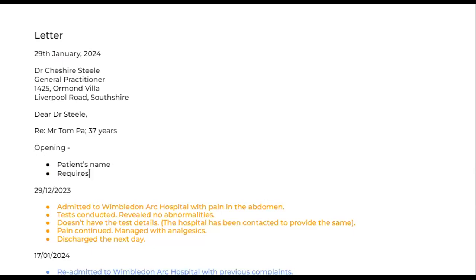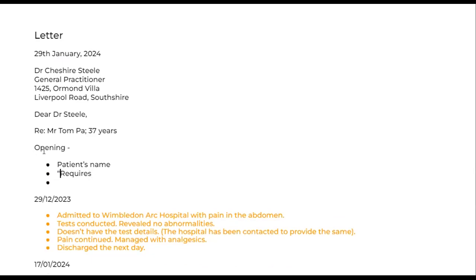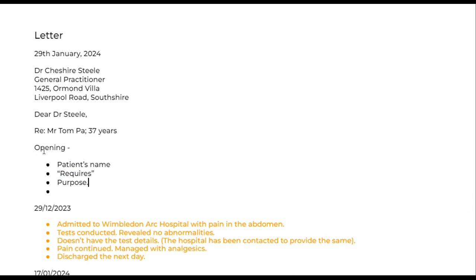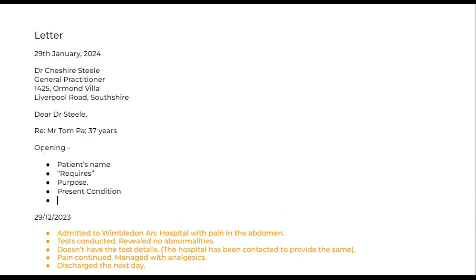Okay, we can take it. Requires. That is the same word you have to write everywhere, in every letter. What is the purpose of this letter? You have to find out the purpose from this one. And then there will be a full stop here. Then the present condition. What is the present condition of the patient? And then you have to also see whether it is a transfer or a discharge. All these things you have to find out.